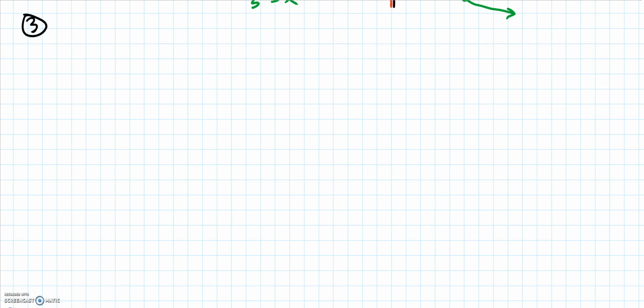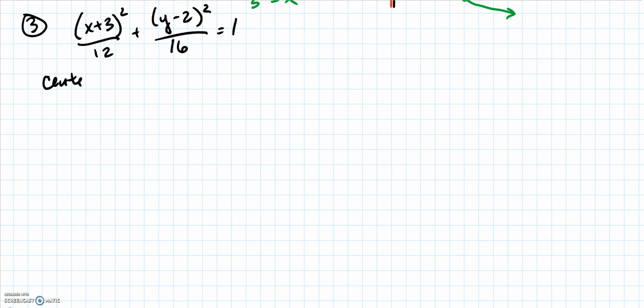Number 3. So we need to graph x plus 3 squared over 12 plus y minus 2 squared over 16 equals 1. Once again, the center is at negative 3, 2. This time it's an ellipse because it's plus.